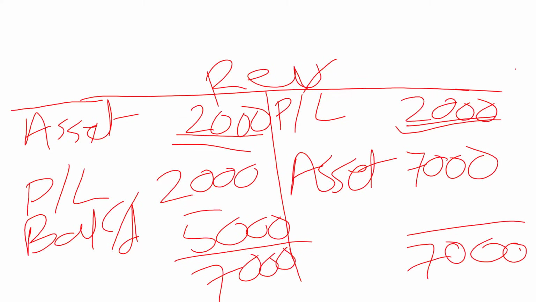We opened it like this, but we didn't close it the way we are doing it. So you can close it like that. It's basically about debit and credit. At the end of the day, you have 5,000 standing on the revaluation account, and that 5,000 will go to the reserves.